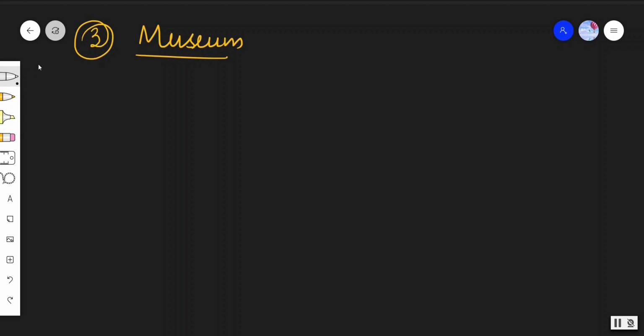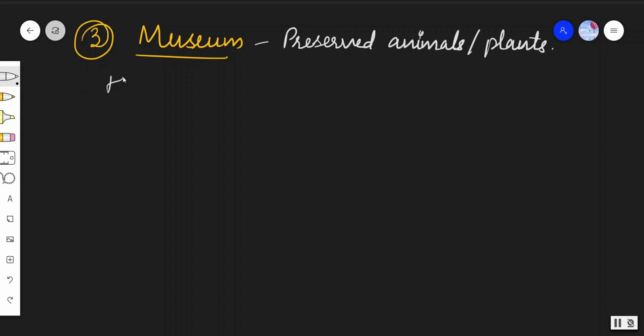So what is a museum? A museum is a place where we can see preserved animals and plants. How are they preserved? They are preserved in the form of dry specimens.